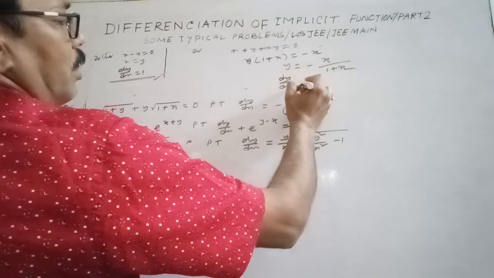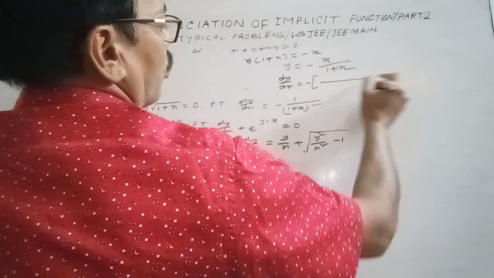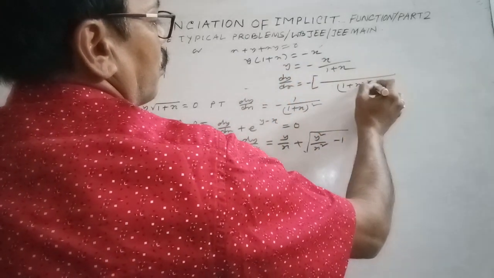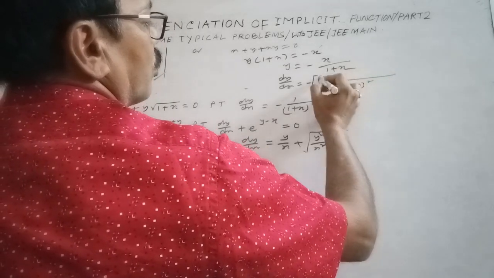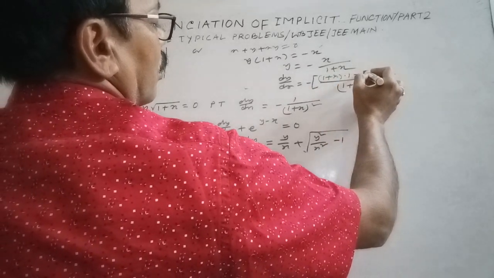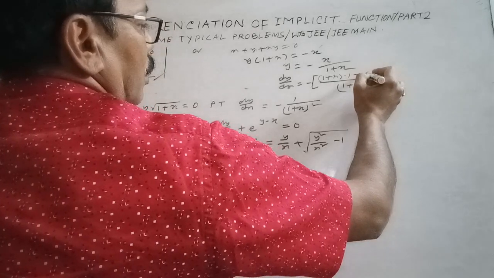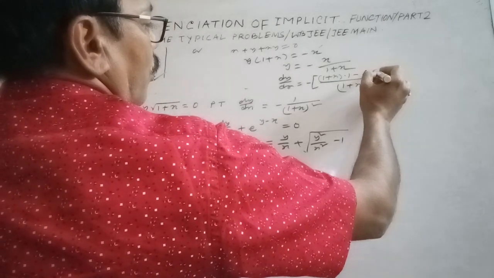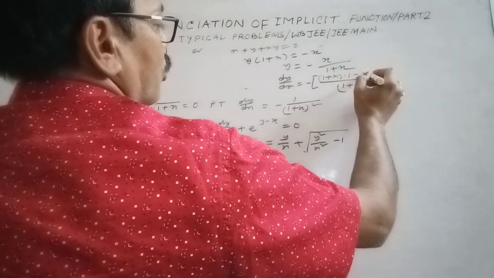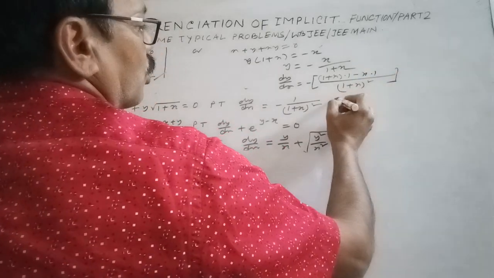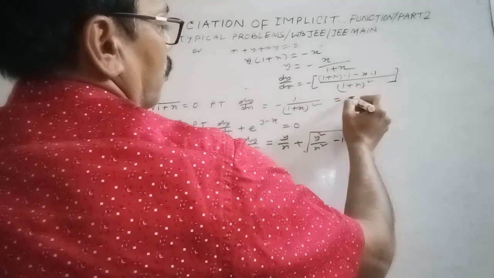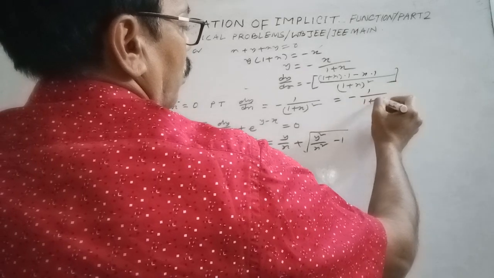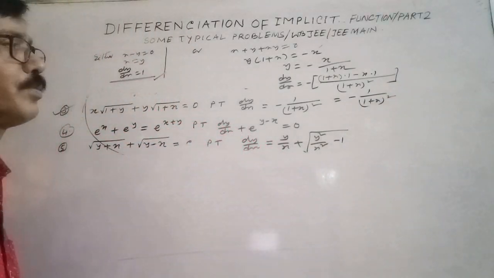So you complete it by the quotient rule. This is a very simple problem. (1 plus x) into minus 1, minus (minus x) unchanged 1. So we are getting x cancel, minus 1 by (1 plus x) square.